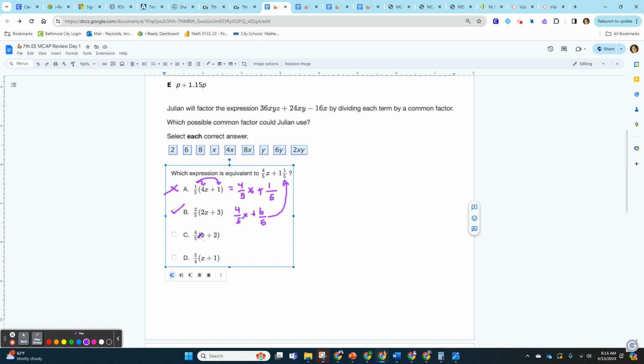I'm going to go through really quick and make sure, though, that the rest of these aren't correct. 4/5 times 2 would have been 8/5, which is too much. And 5/4 times 1, you can see this one has a 4 in the denominator.